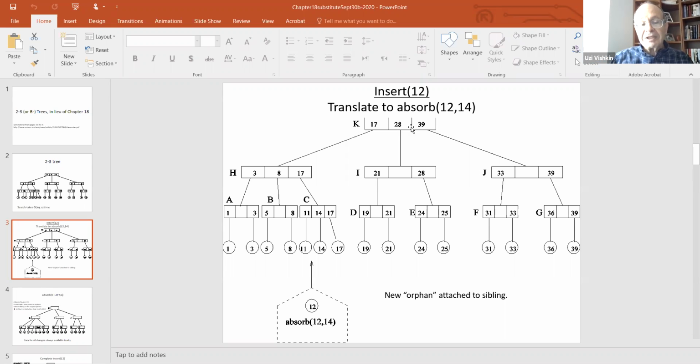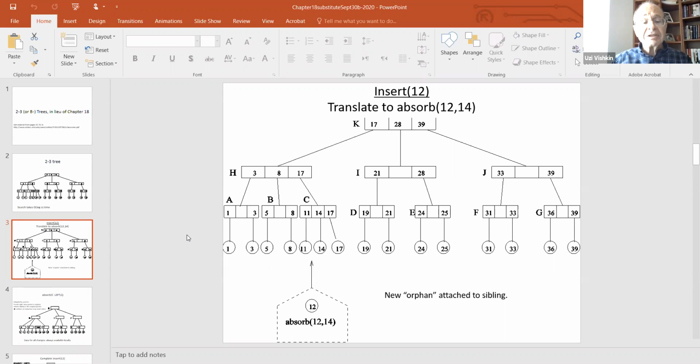So what I need to show you now is how do I push the infringement one level up. So remember this picture, an orphan where everything else is legitimate and my horizon is the leaves and their parents. So what's going on next?